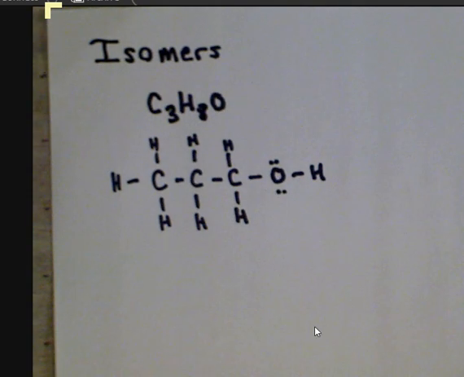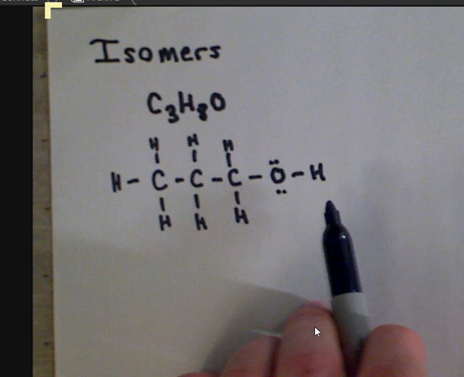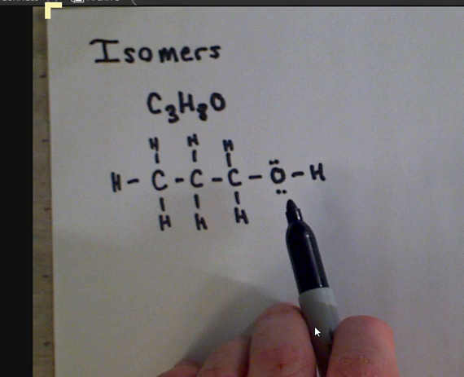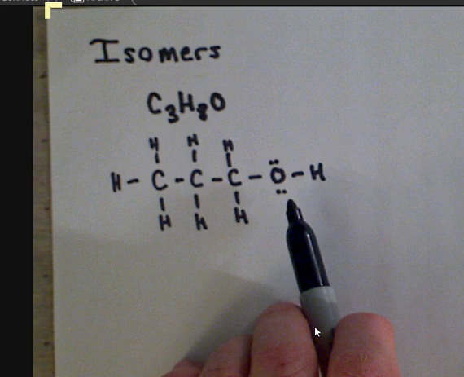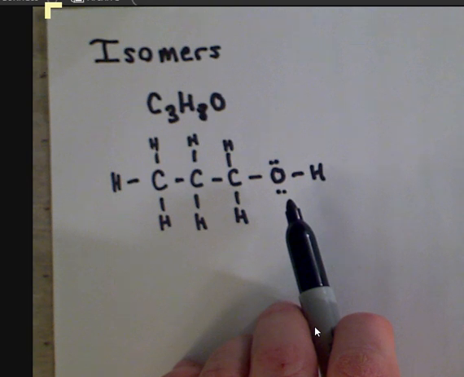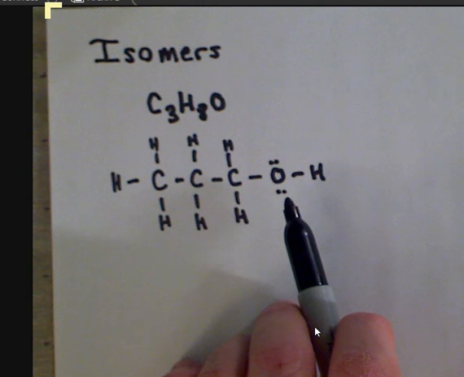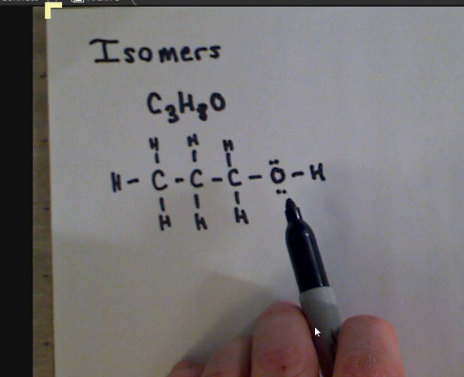Some of you may recognize that this particular molecule is going to have certain properties. When you have hydrogen bound to oxygen, you have the potential for hydrogen bonding. And so, relative to other intermolecular forces, the attractions between the molecules of this substance are going to be fairly strong, which means it's going to have things like a higher boiling point, a higher melting point.